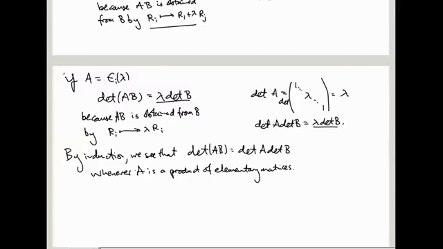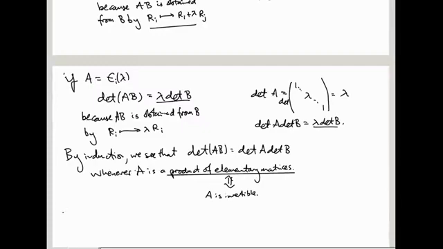So just applying this same argument and pulling off each elementary matrix at a time, we get this formula when A is a product of elementary matrices. And remember from our earlier work on invertible matrices, this is true if and only if A is invertible. So we've proved our formula for any invertible matrix A.